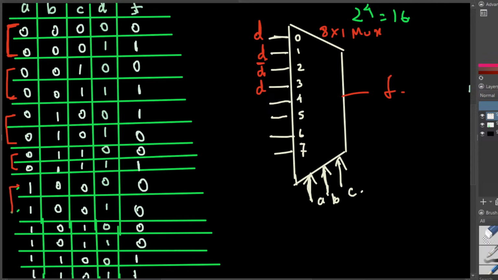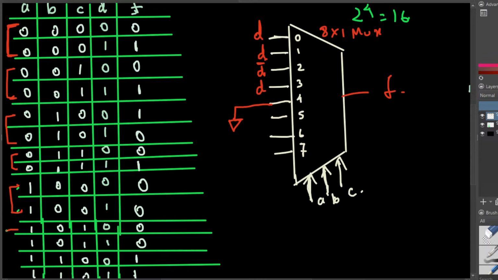Compare these two, 1, 0, 0. When D is 0, F is 0. When D is 1, F is still 0. So it doesn't matter if you put 0 or 1 for D, it's going to be 0 anyway. So you connect this one to the ground.